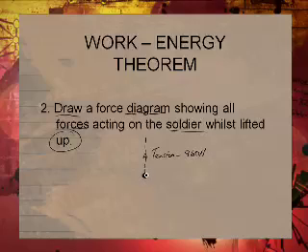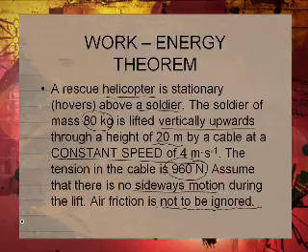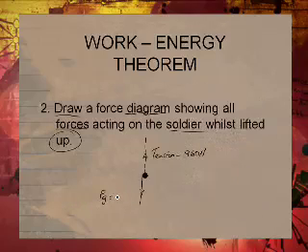On the other hand, we know there is the force of gravity on the soldier. We are given the mass of the soldier, it's 80 kilograms. So Fg equals mg equals 80 times 9.8.